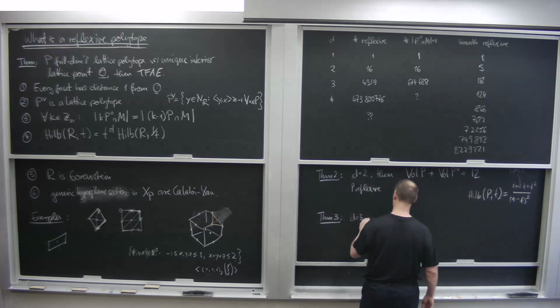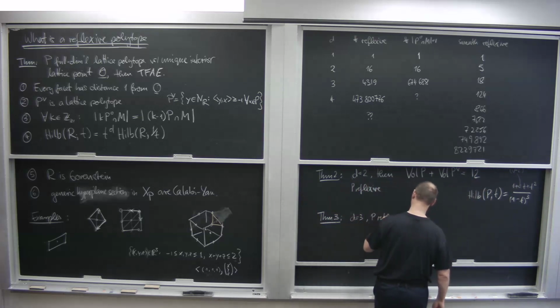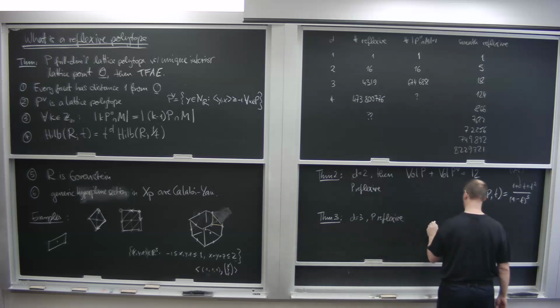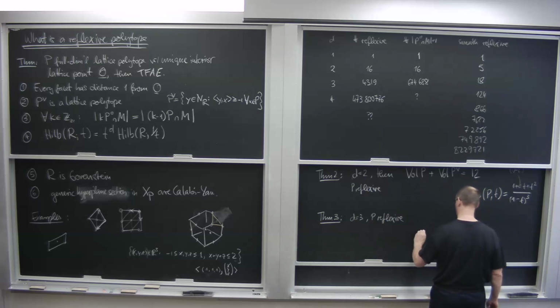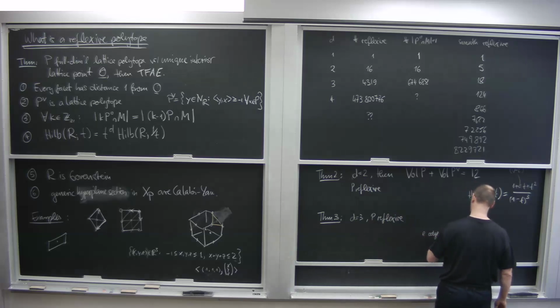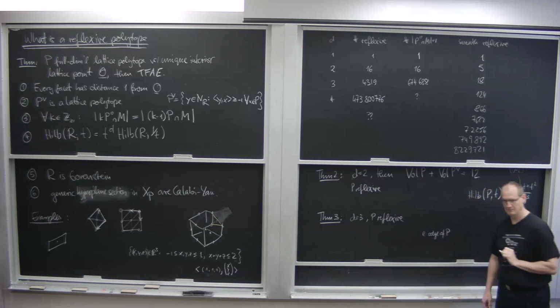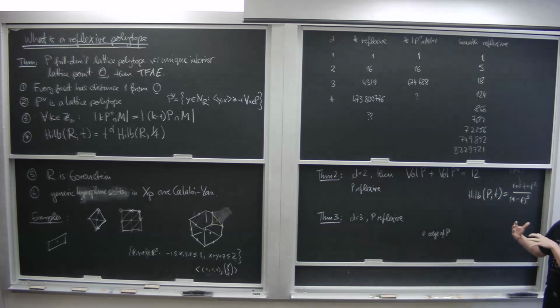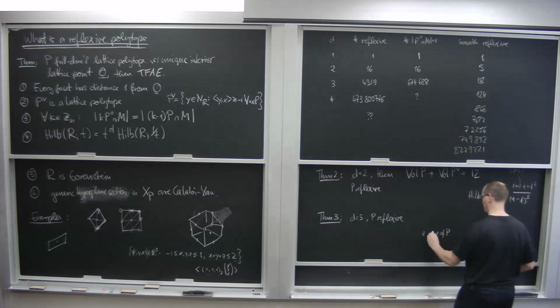D equals 3, P reflexive. If I take E an edge of P, then the polar dual has a corresponding face, which in dimension 3 is again an edge.